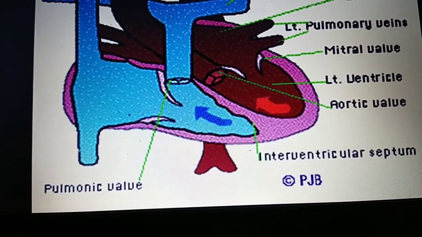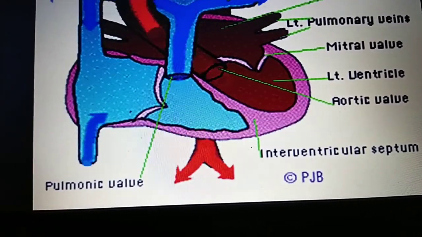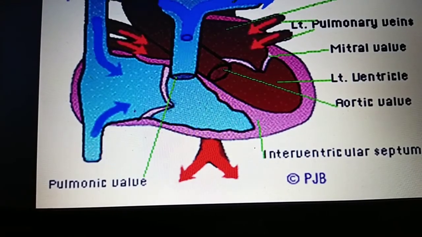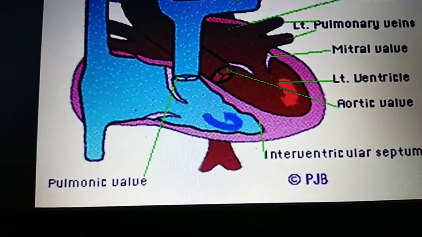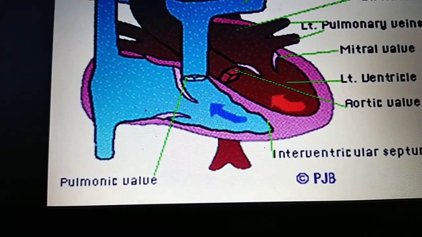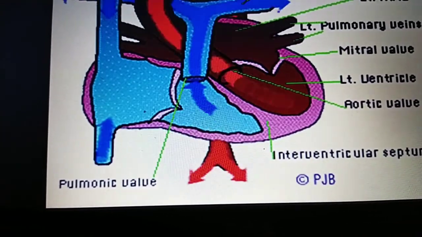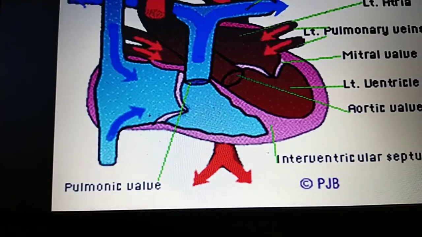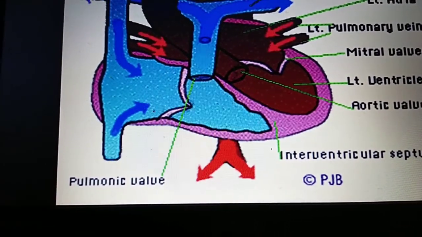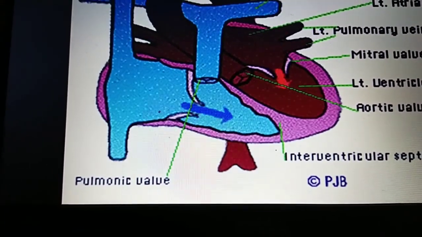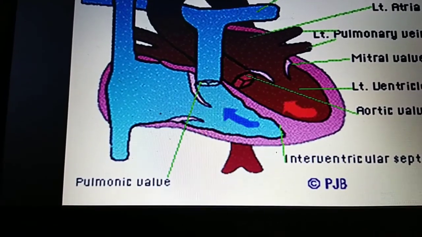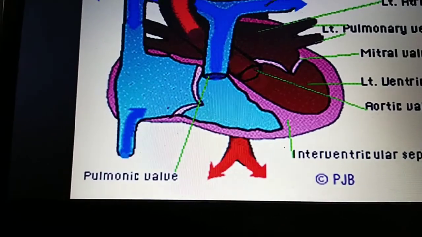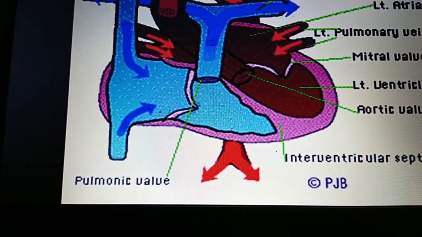It is separated from the right ventricle by the pulmonary valves, present just above the infundibulum of the right ventricle. These pulmonary valves are the semilunar valves, and the trunk delivers the deoxygenated blood to the lungs for gas exchange.